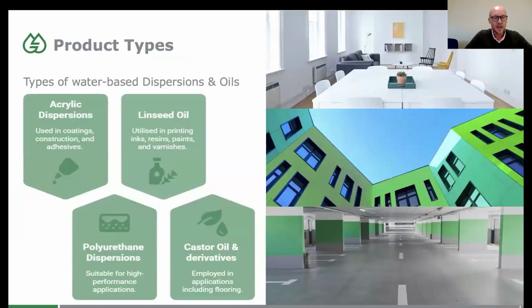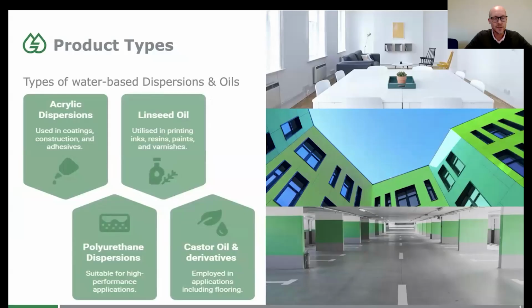So this slide gives quite a simplified overview of the products that we're offering to the market. Starting with the acrylic dispersions, we have a range of acrylic dispersions, both pure acrylic and styrene acrylic, based on heterogeneous and homogeneous morphologies, including straight acrylic and acrylics with self-cross-linking technology.